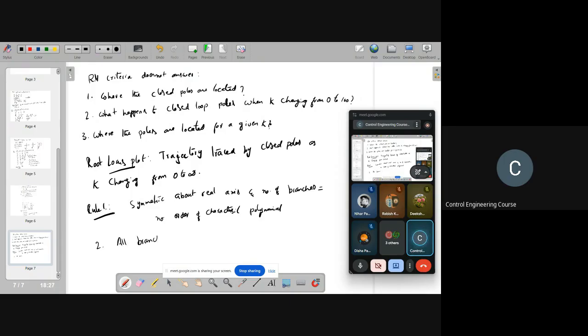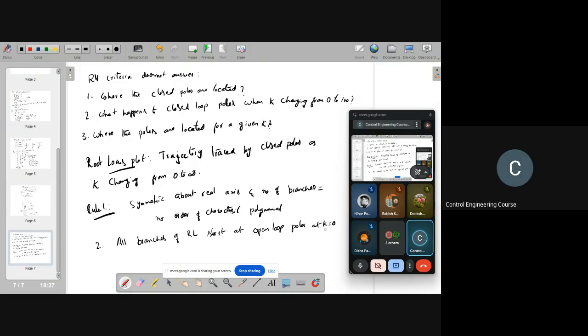All branches of root locus, I'm calling this RL, root locus, start at open loop poles at k equal to 0.